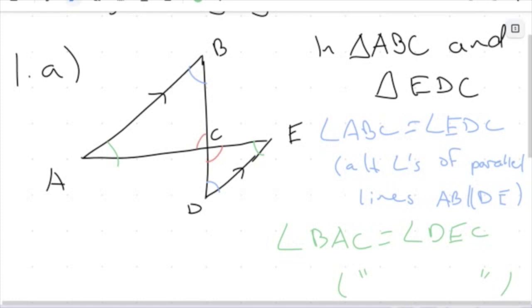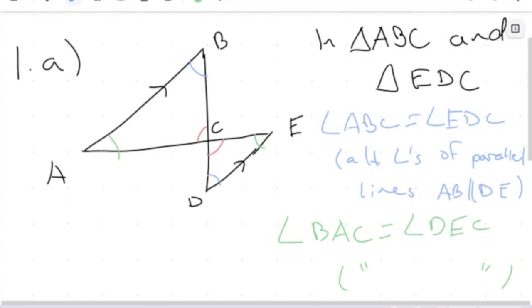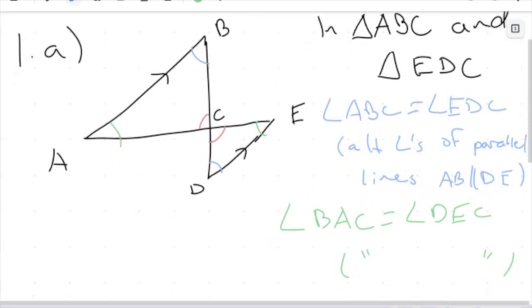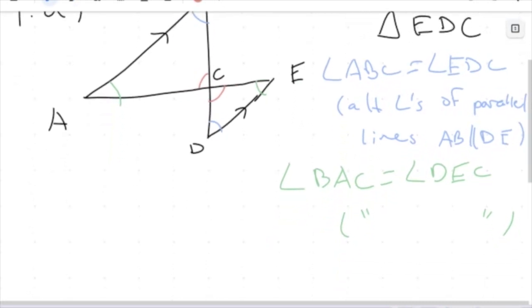But because we found two corresponding angles in the two triangles that are equal, that is enough to say that they are similar. So I'm going to write a concluding statement.